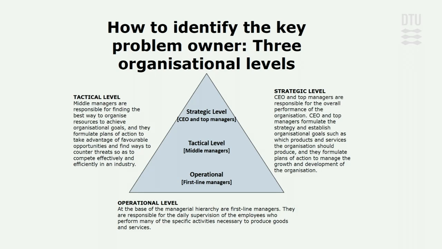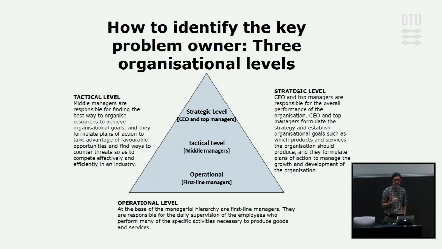I'm sure that you're familiar with this pyramid because it is pretty straightforward and exists in any managerial book as far as I know. You need to understand that there is a strategic level, tactical level, and operational level, managerial levels, where you have to identify where the problem exists.